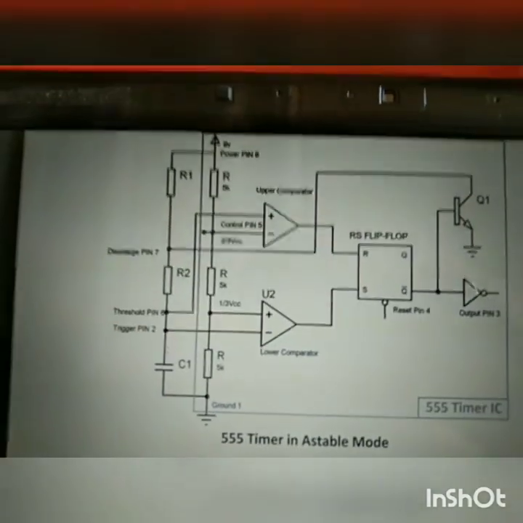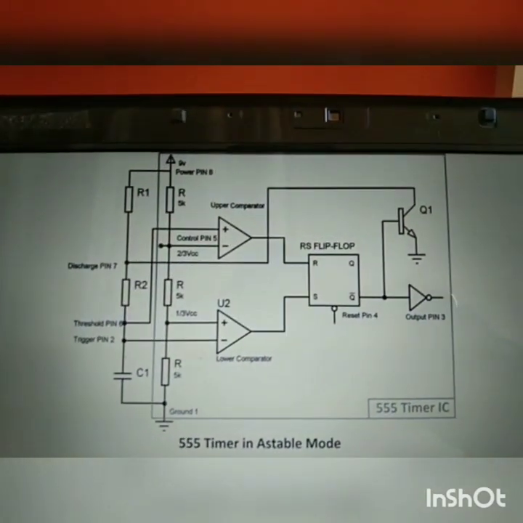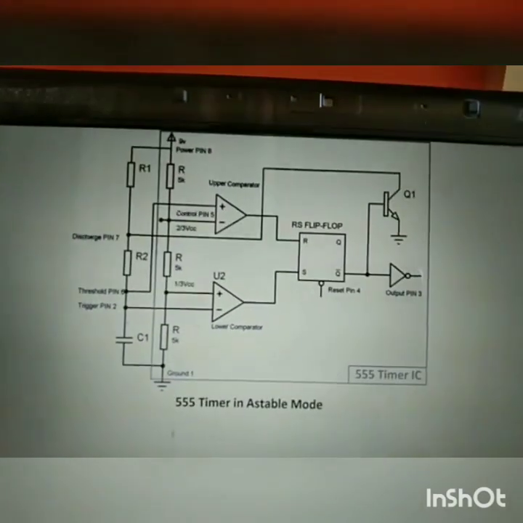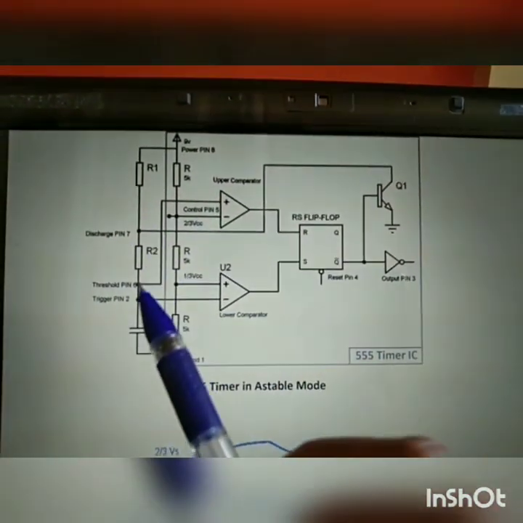This is the basic circuit of the 555 timer in astable mode. It uses the resistors for charging and discharging, with the threshold pin.